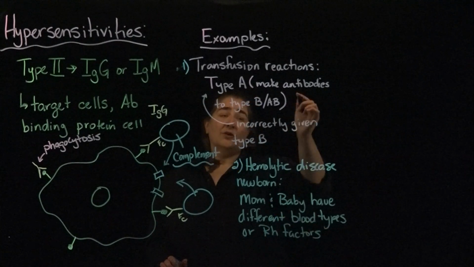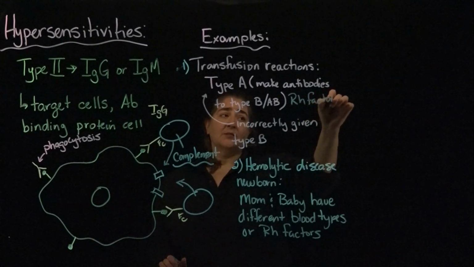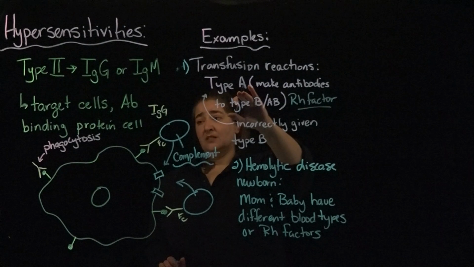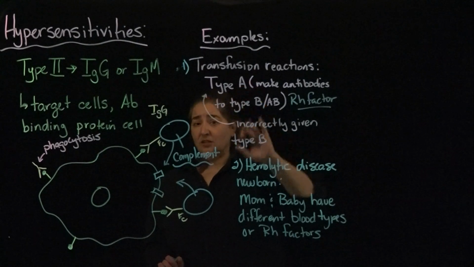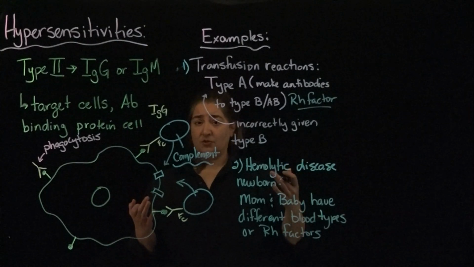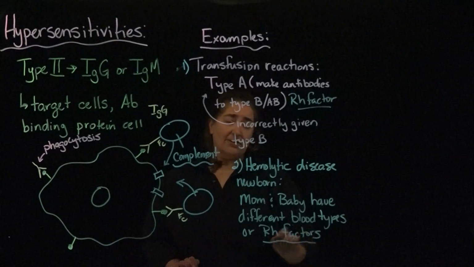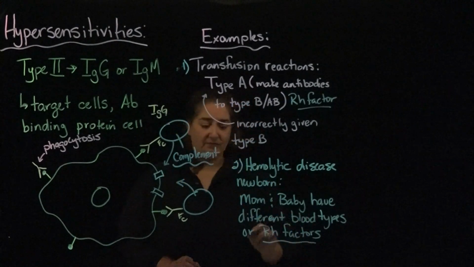The Rh factor could also be what stimulates a transfusion reaction. So if somebody is type A negative and they get type A positive blood, that's also going to stimulate a transfusion reaction. With the hemolytic disease, the Rh factor incompatibility is typically what triggers this.